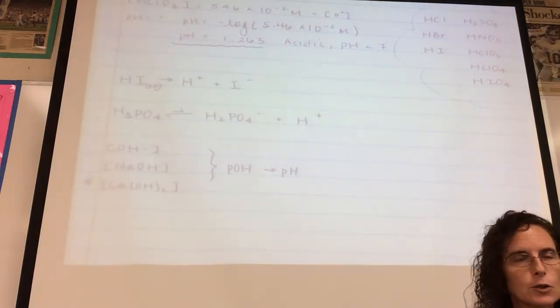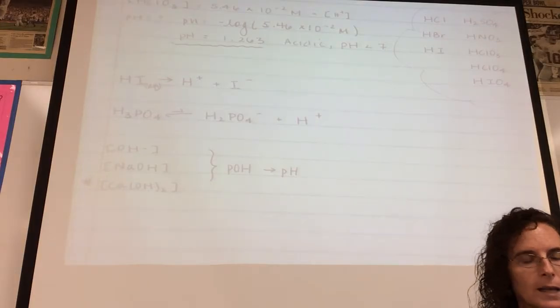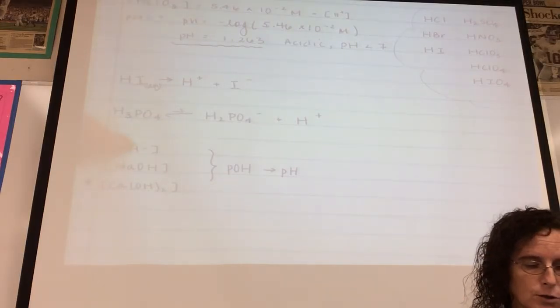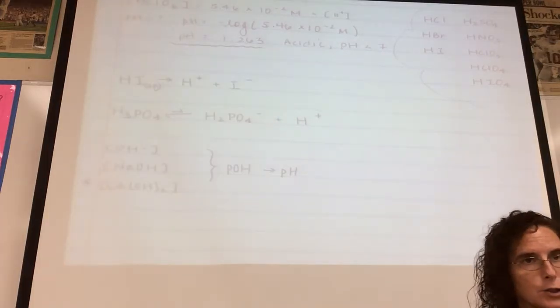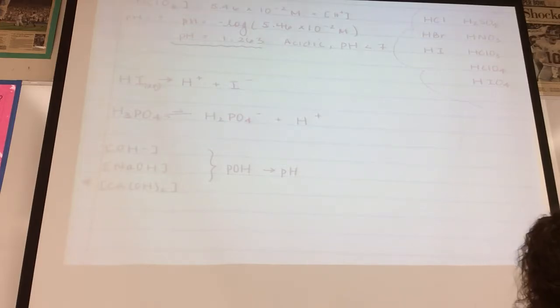So when you have an acid or proton, poof, you go right into pH. But if you're given the concentration of hydroxide ion or a strong base, you're going to have to get POH, then pH. So let's take a look there.